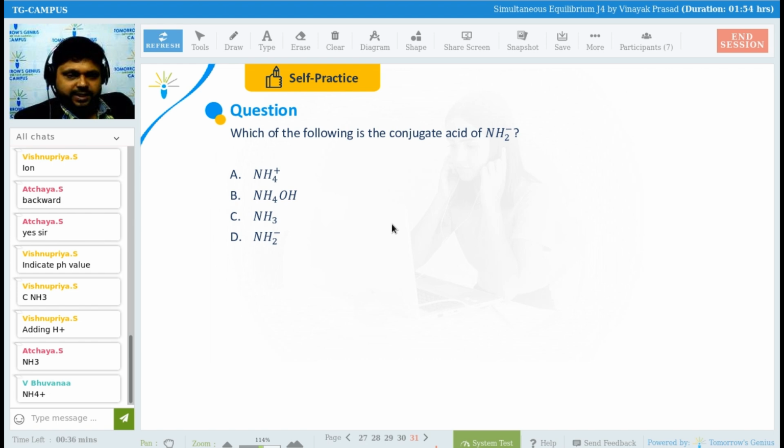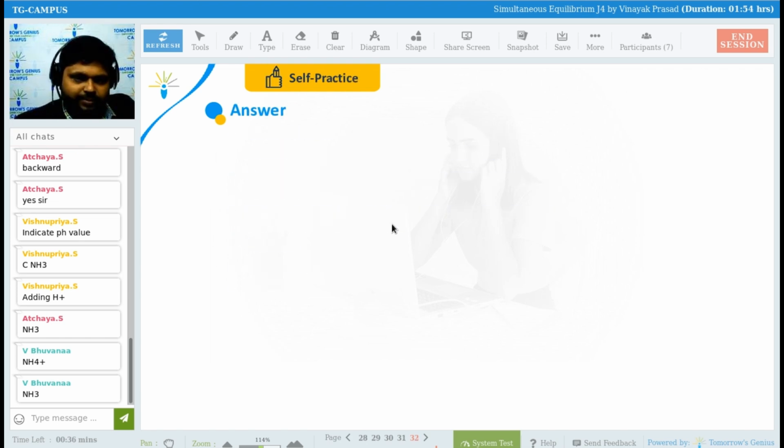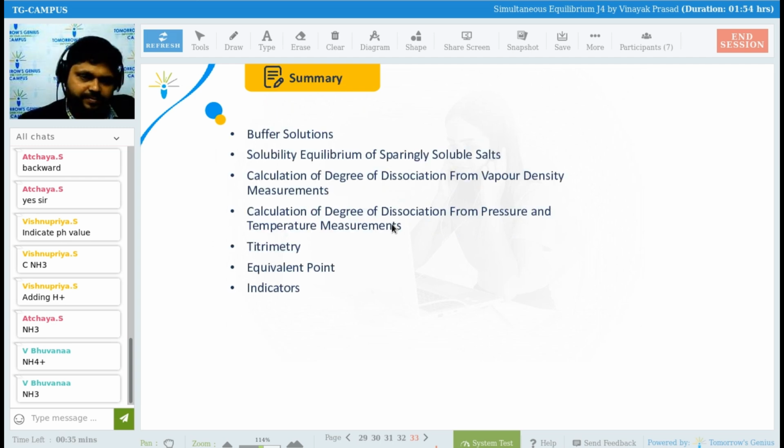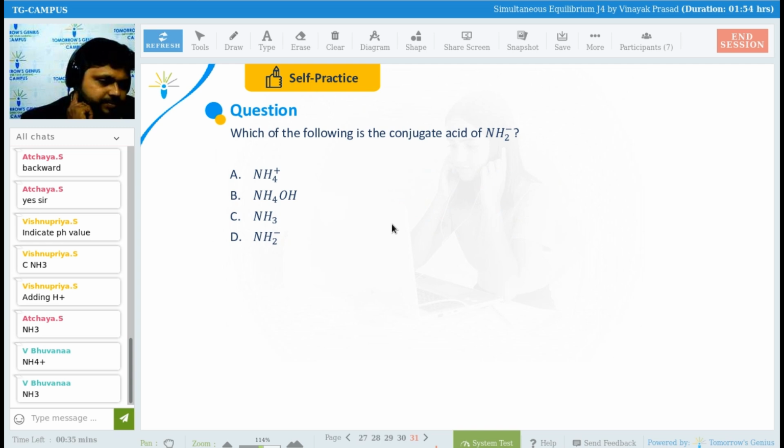So guys, what will be the conjugate acid for this? Which of the following is the conjugate acid of NH2 minus, right? So many answers have come, guys. So what do you say? What will be the right answer for this question? Vuana says NH3. Vuana has written NH4 plus first. Atachaya says NH3 and H plus. Vishnupriya says H plus. So what will be the right answer? Who is confident to explain this question?